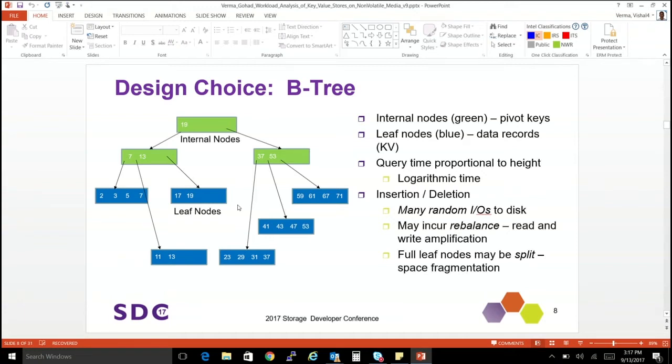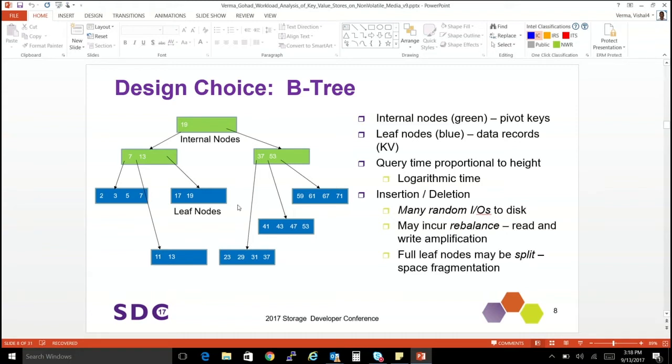Whenever you want to insert data, it has to read all the nodes until it finds where to insert the value. And all those read and write IOs that happen before the actual data gets written, there is a lot of amplification happening.